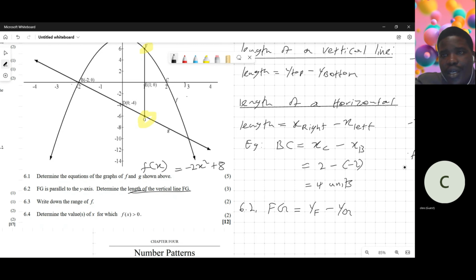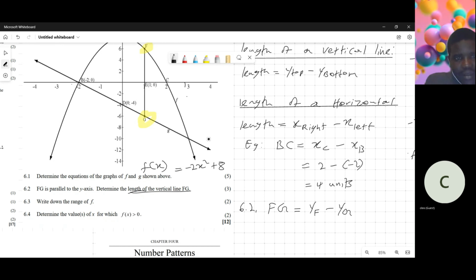I was saying that the value of x at F, we know it's 1. So now we want to know what is the function that is working in F. The function that is working in F is f of x.